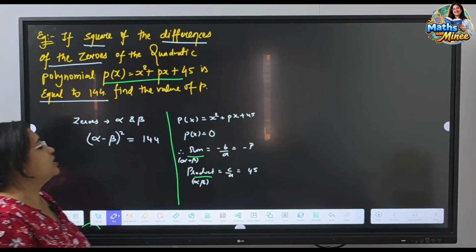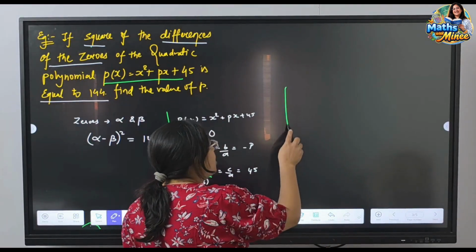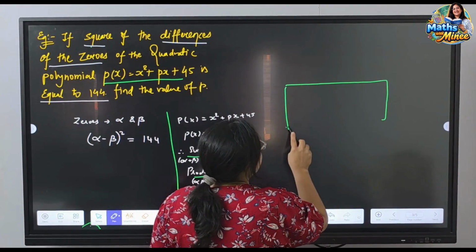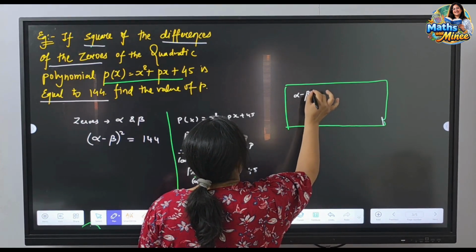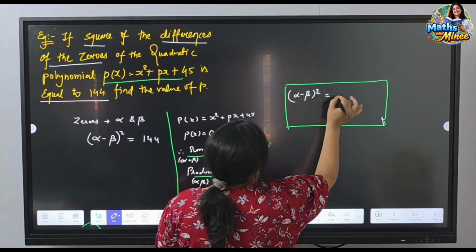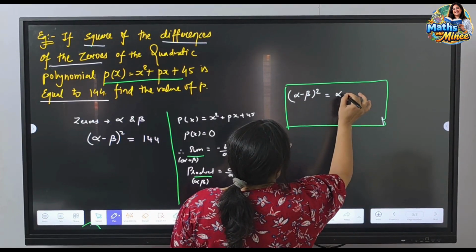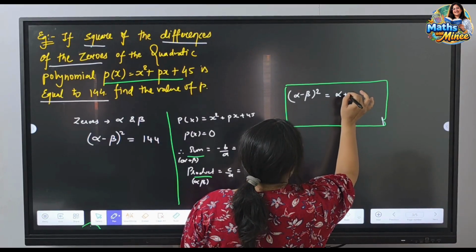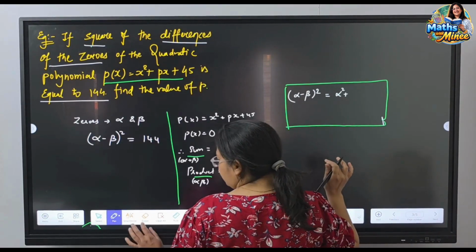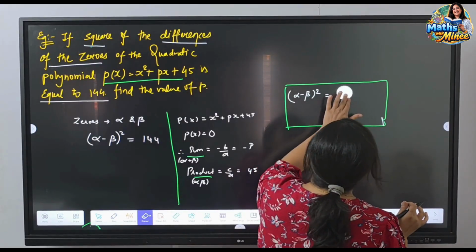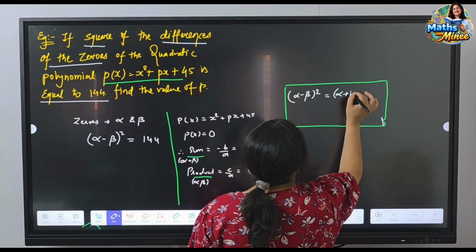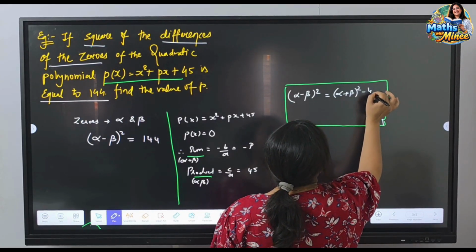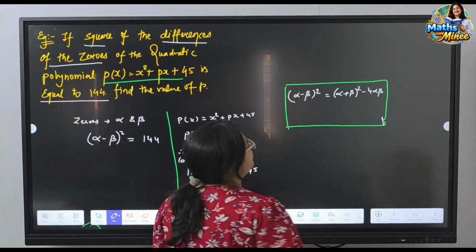Again the same thing, as you are given alpha minus beta whole square, can we use some formulas over here, like alpha minus beta whole square is nothing but alpha plus beta whole square minus 4 alpha beta.